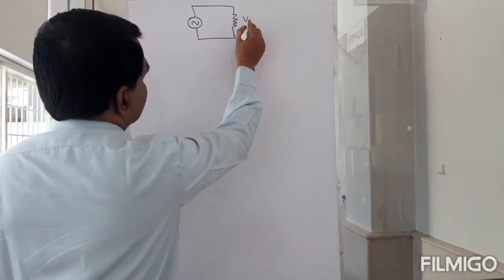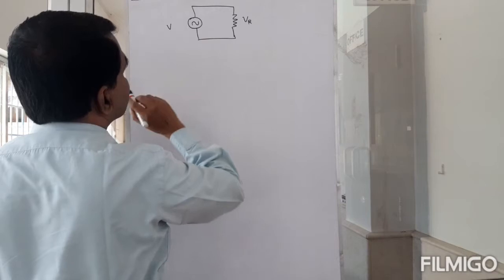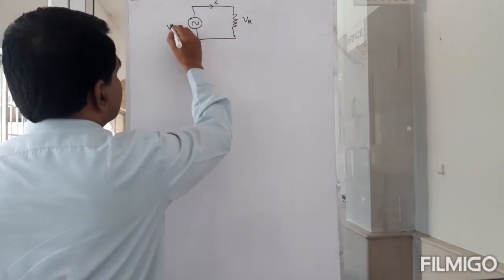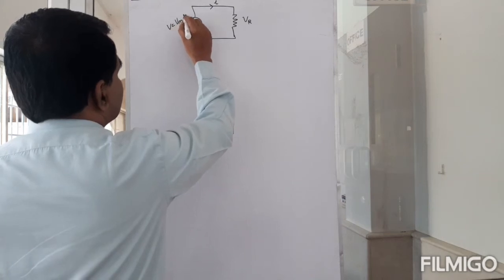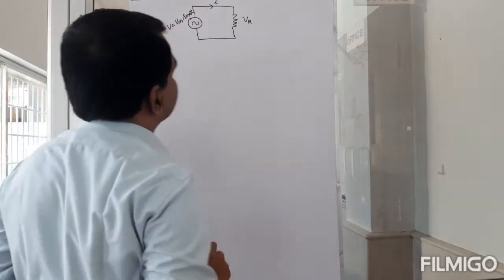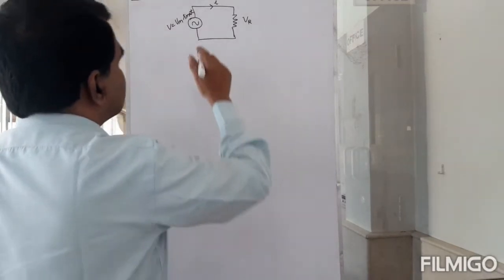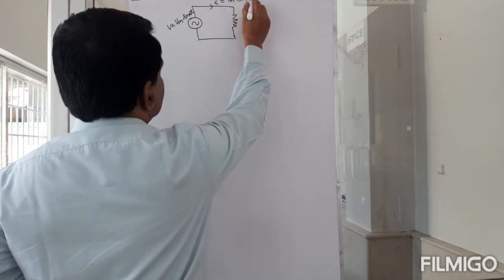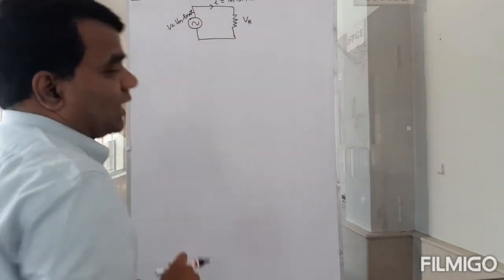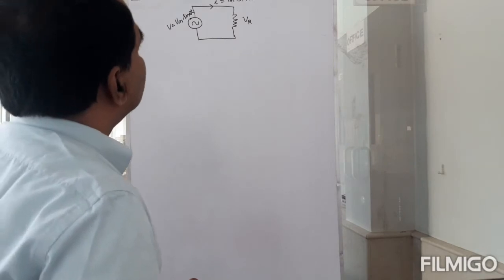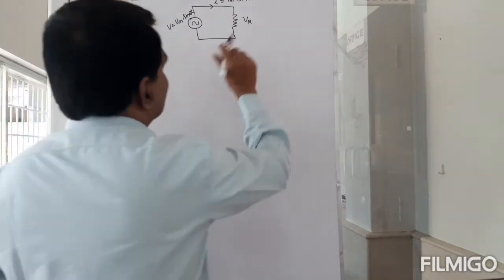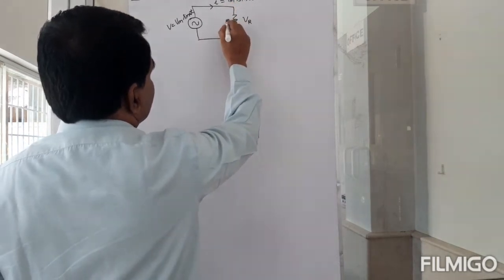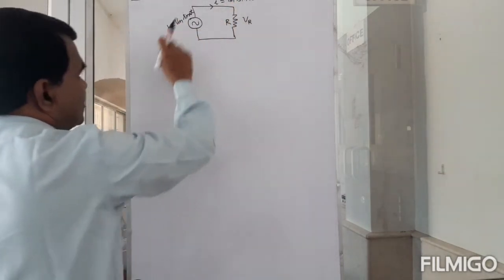I'll call this VR and I call this V. There is a current I that flows through this. So this V is equal to Vm sine omega t, and this I is going to be equal to Im sine omega t because they're going hand in hand. So this voltage will be equal to this VR, right? This is R, and IR will be equal to V.